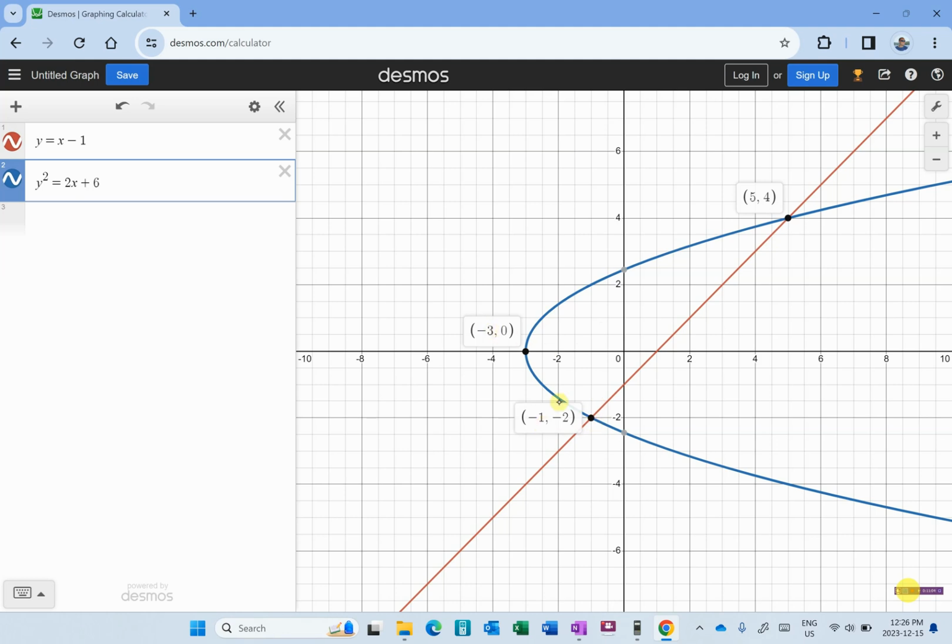From -3 up to -1, the top function would be this blue graph, the positive square root of 2x plus 6, and the bottom function would be the negative square root of 2x plus 6. And then from -1 up to 5, the top function is still the positive root 2x plus 6, and the bottom function becomes this red line, x minus 1.